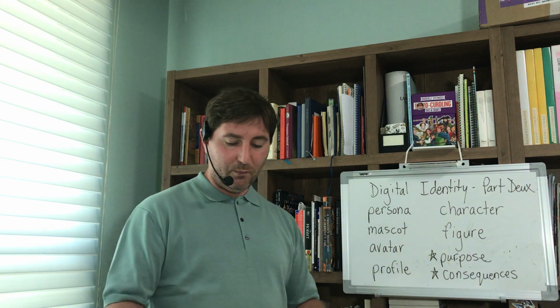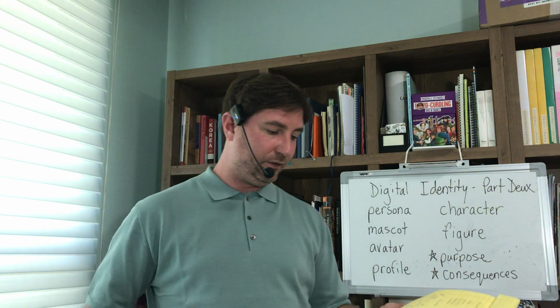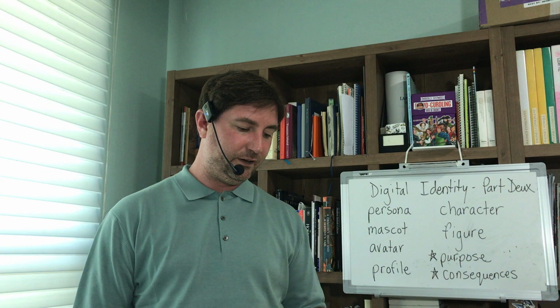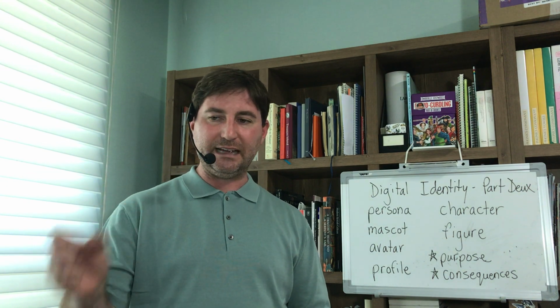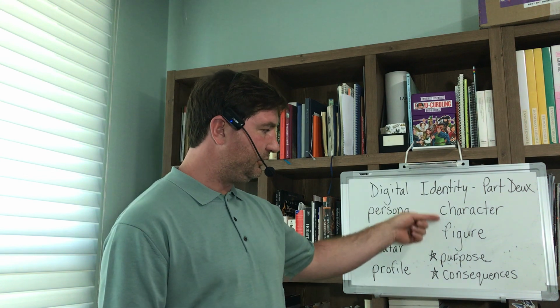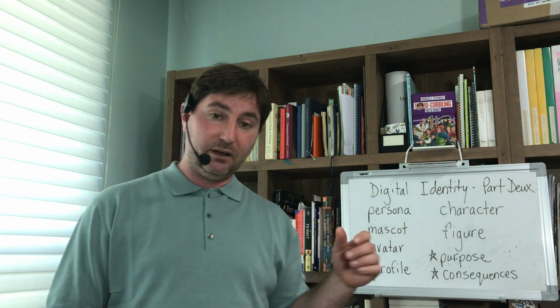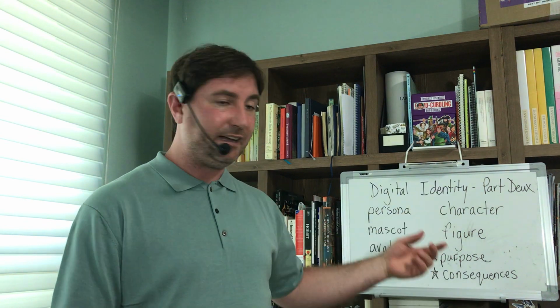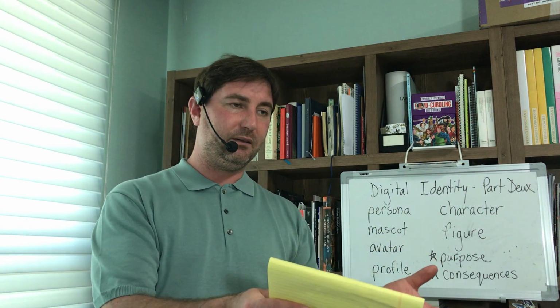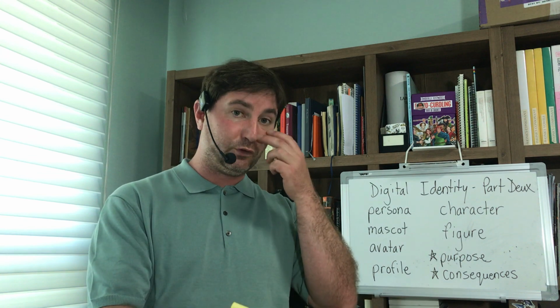So finally, one more word. This is figure. And a figure is, again, a likeness. And I put these two together on purpose because figuring something is forming something. So, like I said, a character is kind of like a person that's created for a story.